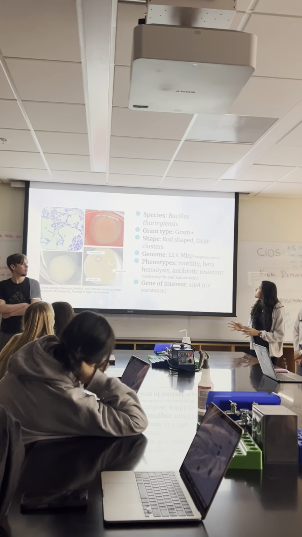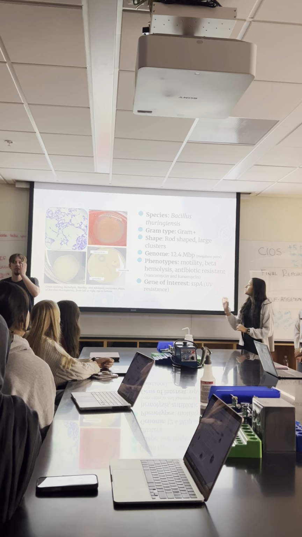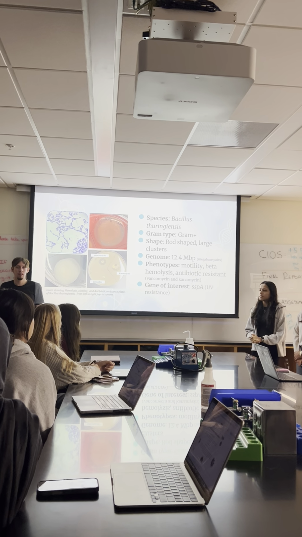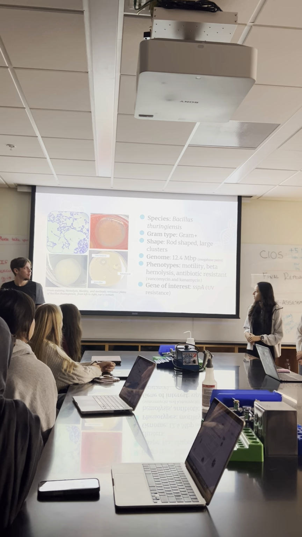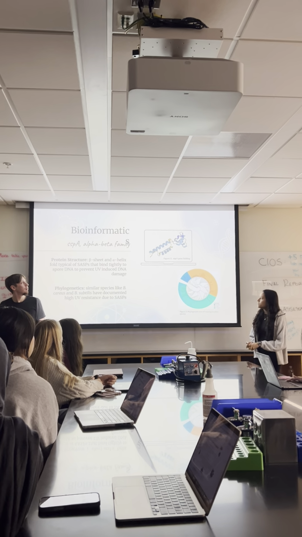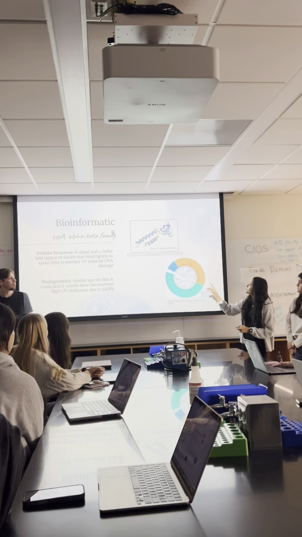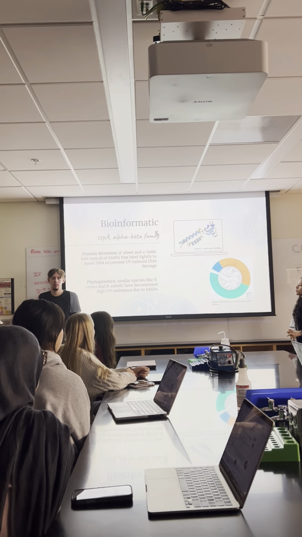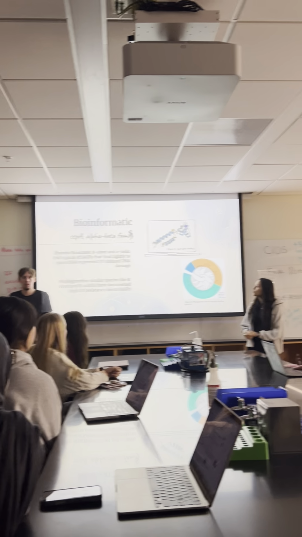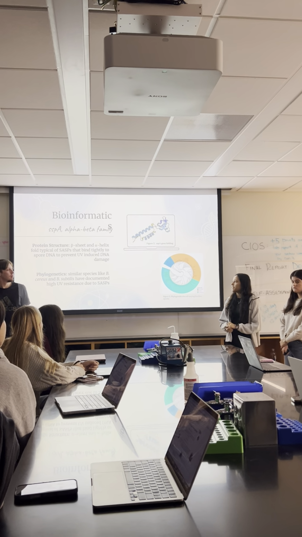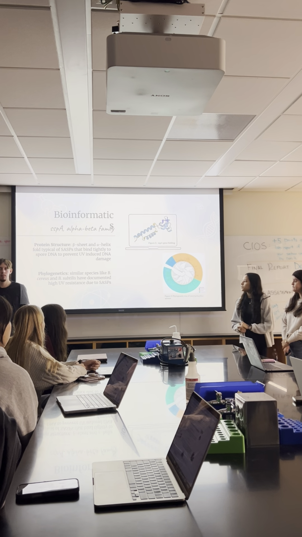For me specifically, I studied UV resistance, and my gene of interest was the sspA gene, which is a small acid-soluble protein in the alpha family specifically. Because of the protein structure, it has beta sheets and alpha helix folds, which are typical of small acid-soluble proteins, and those bind tightly to DNA to prevent UV damage.